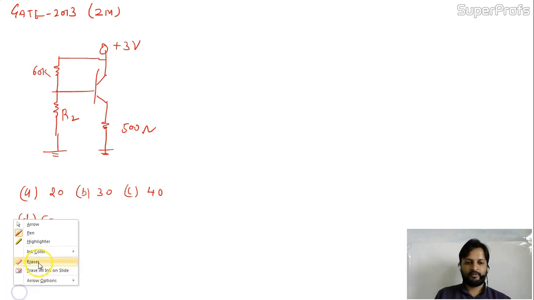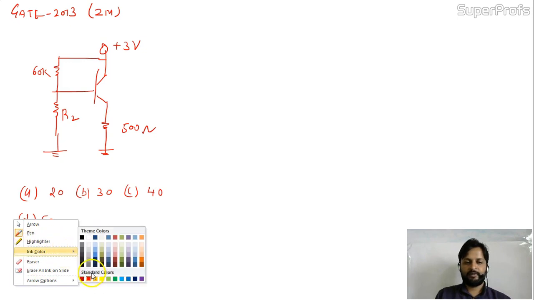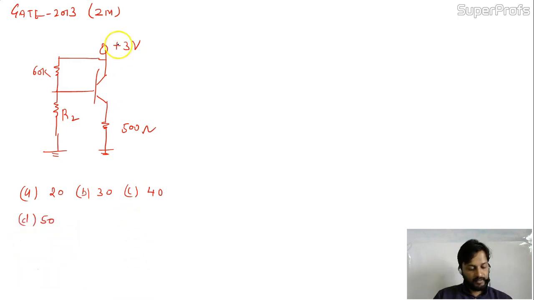Come to the question now. Let me change the pen. Okay. The question is, in the circuit shown below, the silicon NPN transistor, they consider NPN, so it will come out, and has a very high value of beta. The beta is high, which means IB is 0.